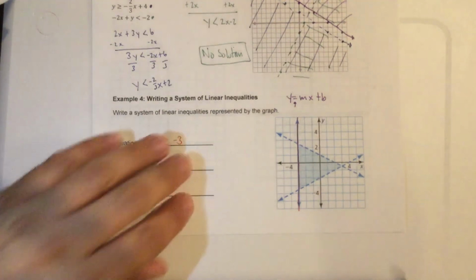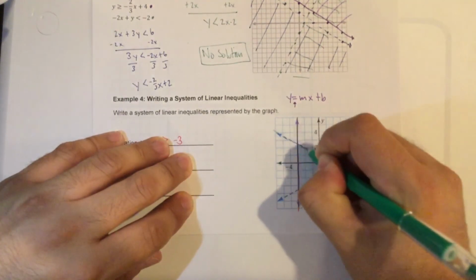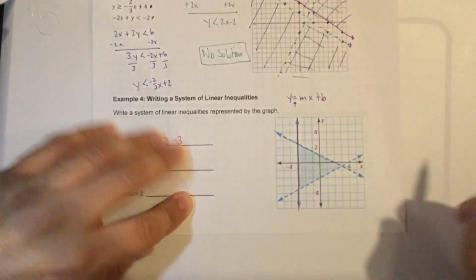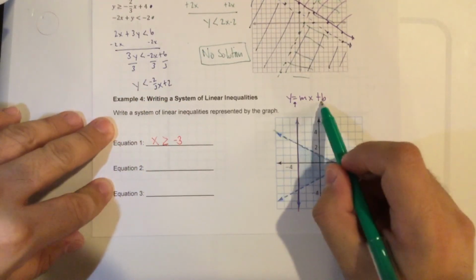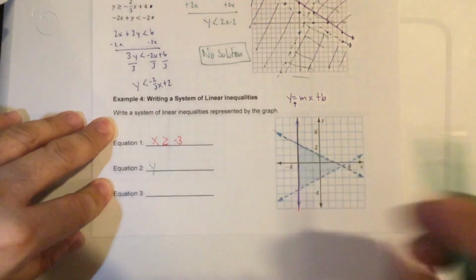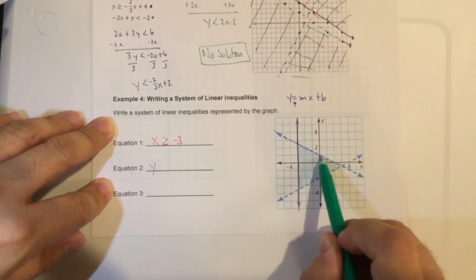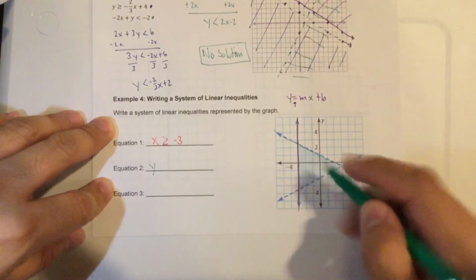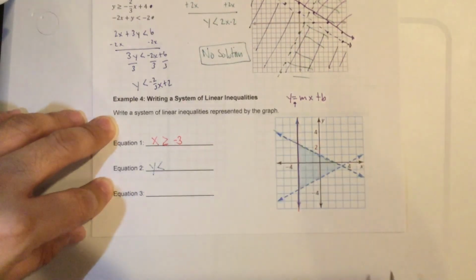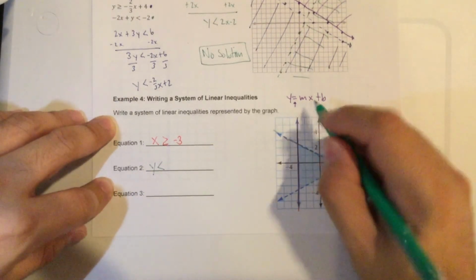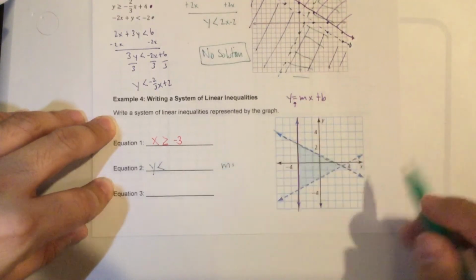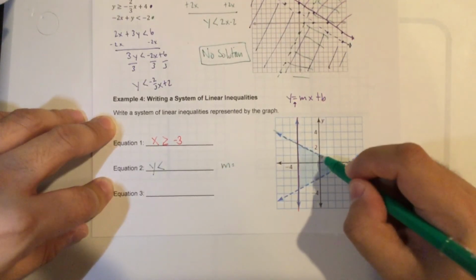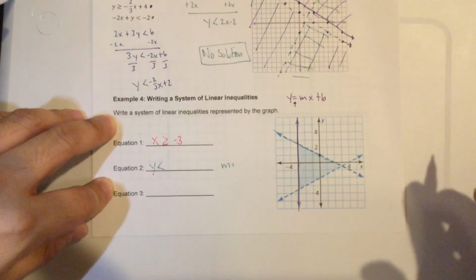For the next one, we will do this line right here. So I know it's going to be y equals mx plus b, so I'm going to start with y. It is a dashed line, and the shading is not above, the shading is below, so that's less than. All right, now I'm going to find my slope of m. So I like to start at a nice point, so we have this right here, this value of positive 1.